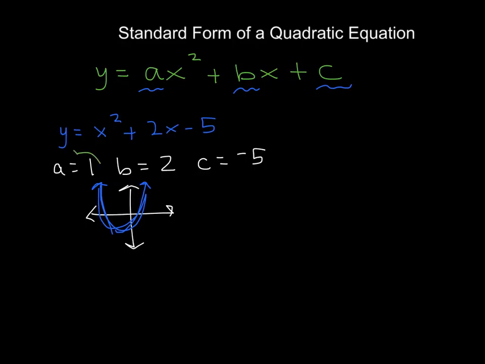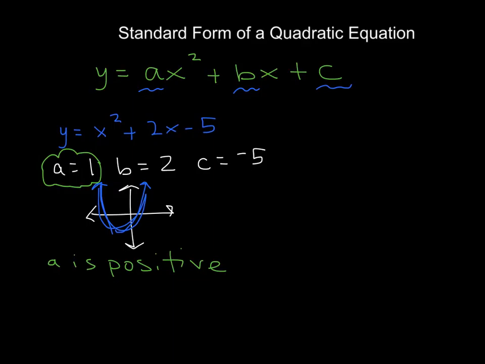Now, a few things that you should be aware of. Your a value, meaning that number in front of x squared, tells you whether your parabola is going to open up or down. If a is positive, then your parabola is going to open up, like this one.